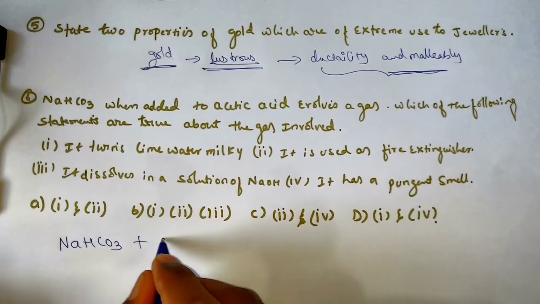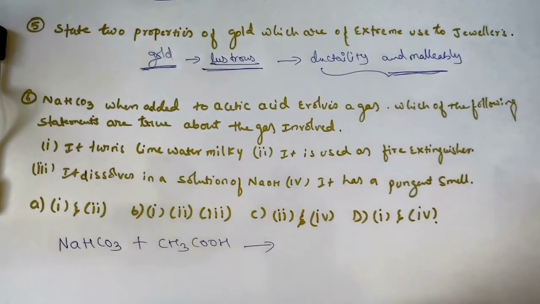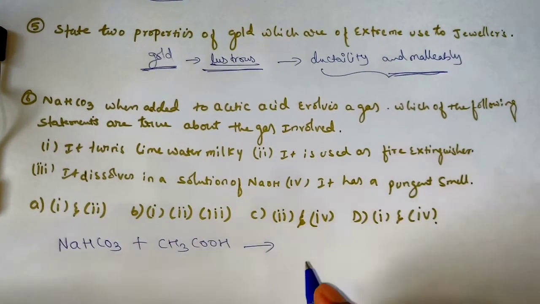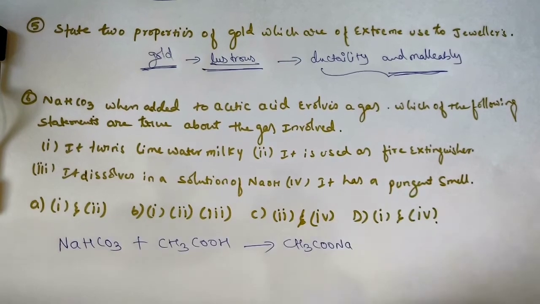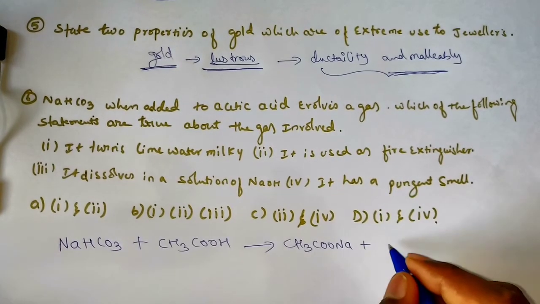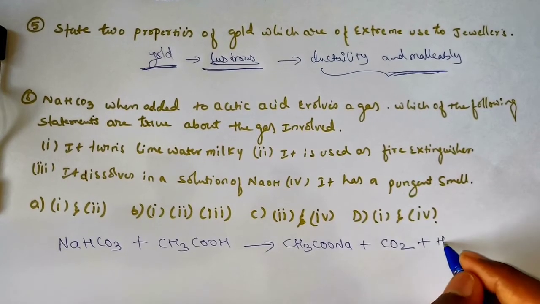NaHCO3 plus acetic acid CH3COOH will produce CH3COONa, the sodium salt of the carboxylic acid, CO2 and H2O.